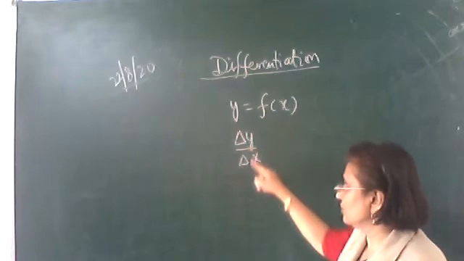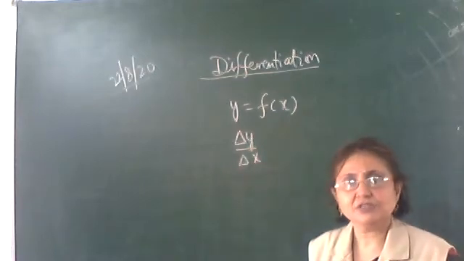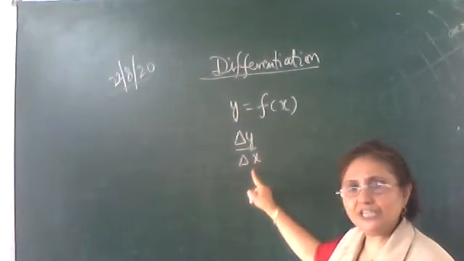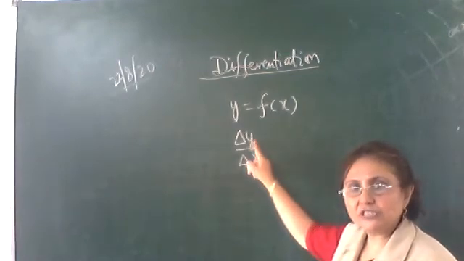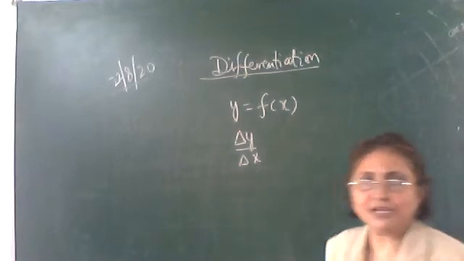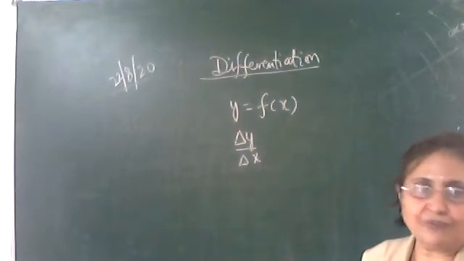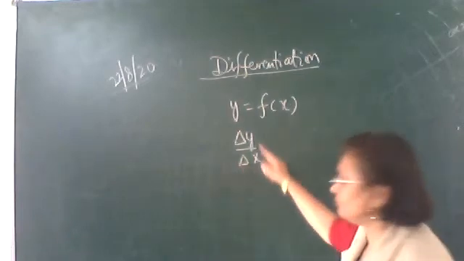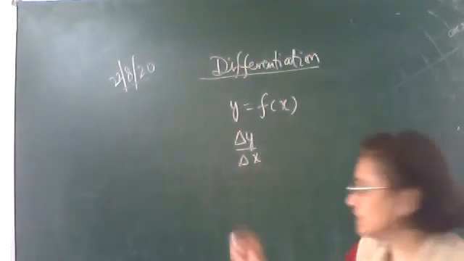So this ratio delta y to delta x, we call it the rate of change of y with respect to x. So y is changing with respect to x. Now if delta x is very small, how small?